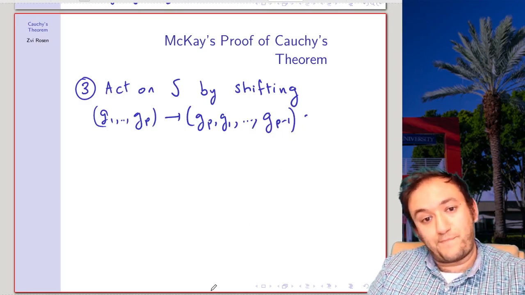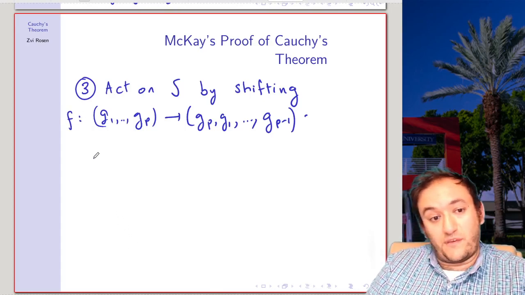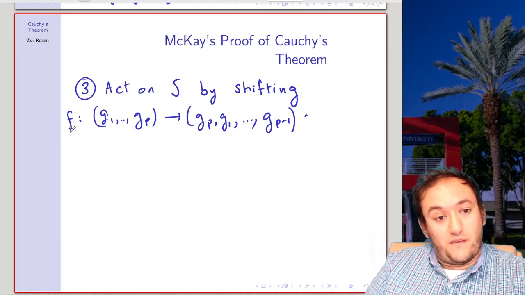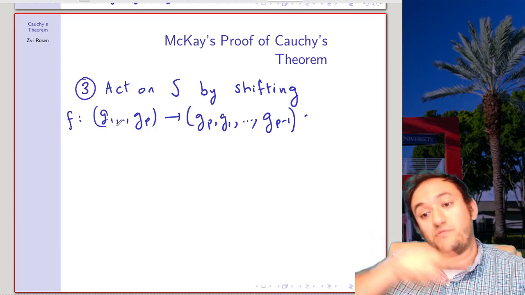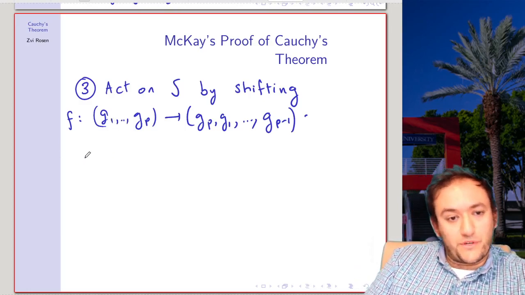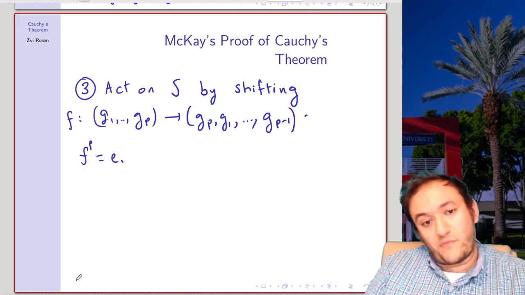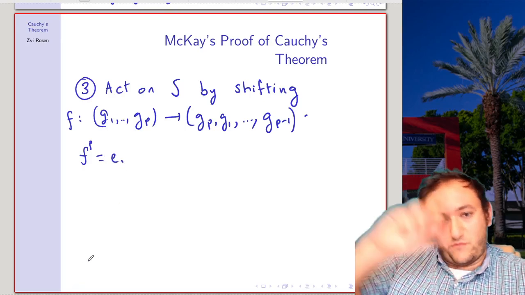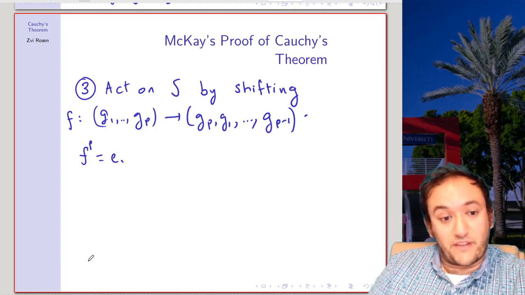Okay? So we'll call this element f. It's an element of A of S, and it sends this p-tuple to the cyclic shift of the p-tuple. Then what we note here is that f to the p is the identity. Okay? Because once you shift from the end to the beginning p times, you're back to where you started.